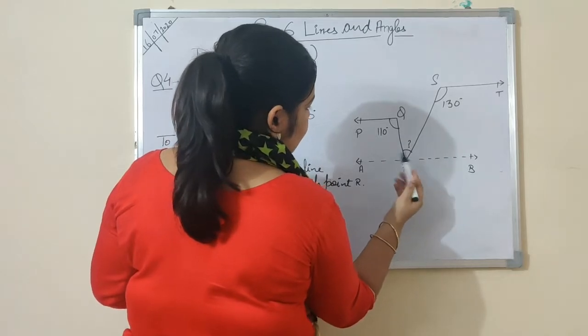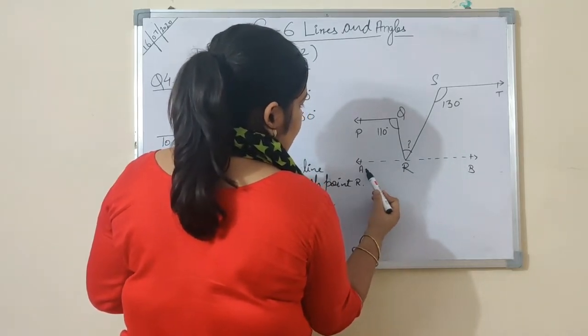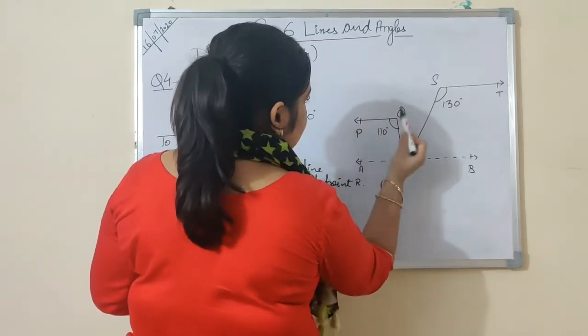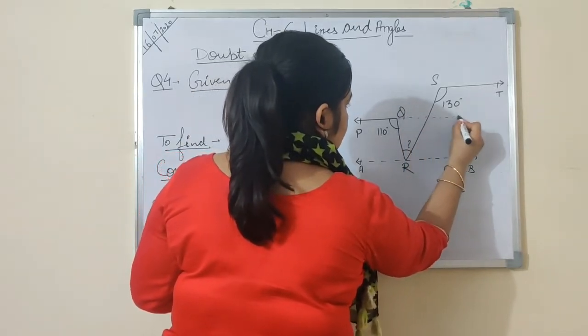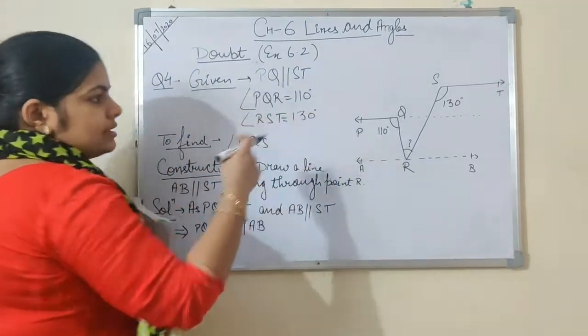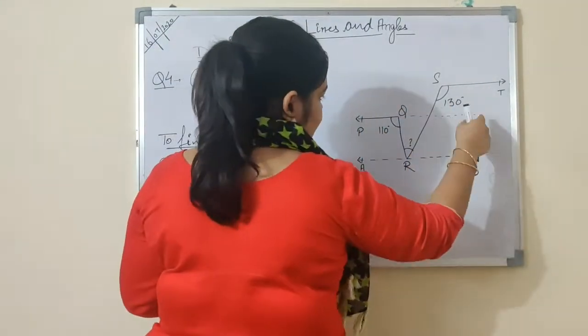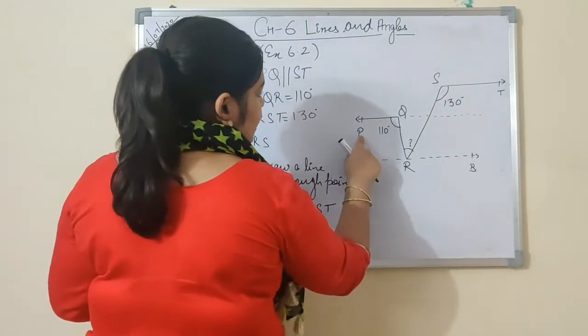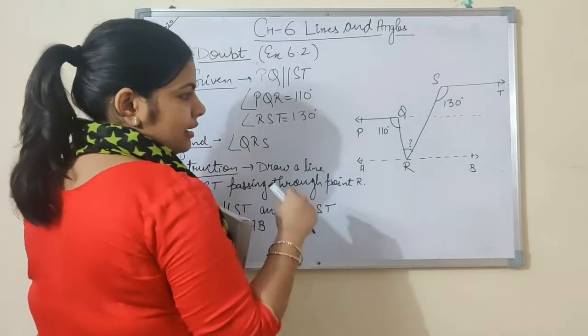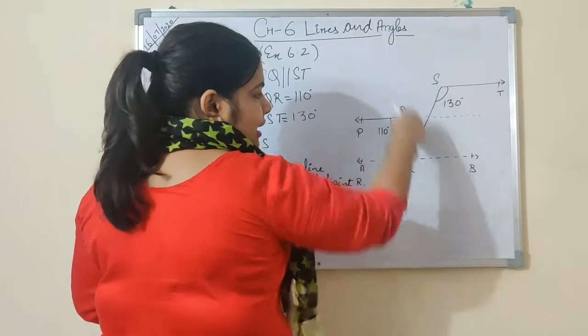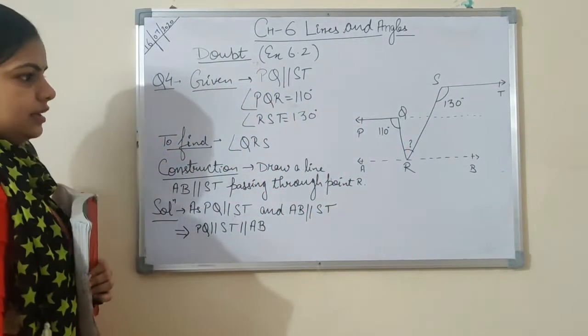So first, AB is parallel to PQ. Now you can see if I extend this line towards this side like this, PQ and AB are acting as parallel lines and QR is acting as a transversal over here.